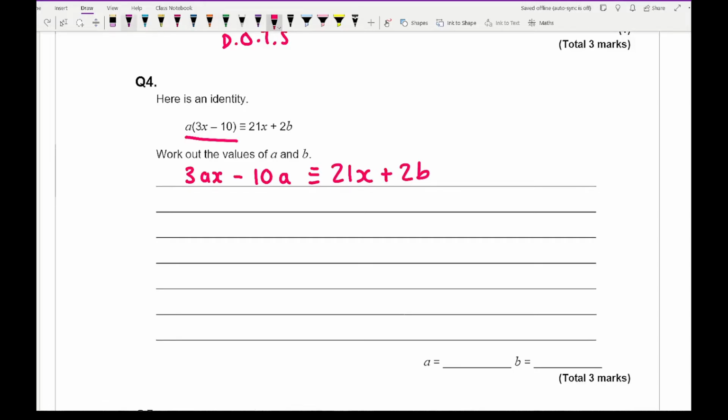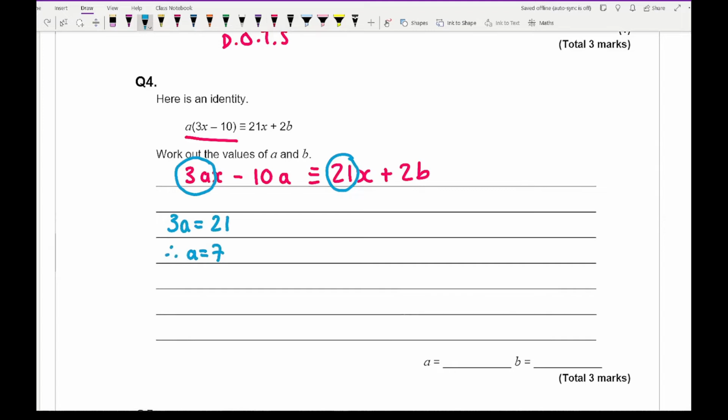So then, comparing the coefficients, we circle everything with an x on the left hand side, circle everything with an x on the right hand side, and we notice that we've got 3a equals 21, so a equals 7.